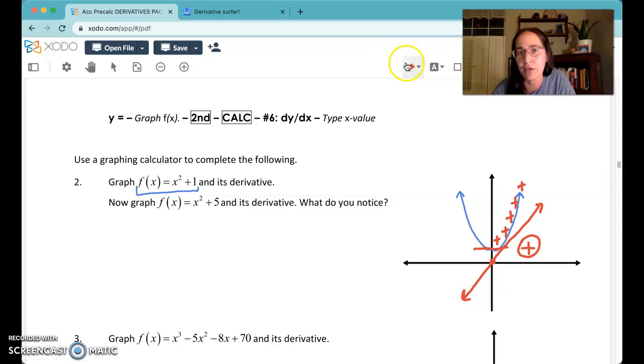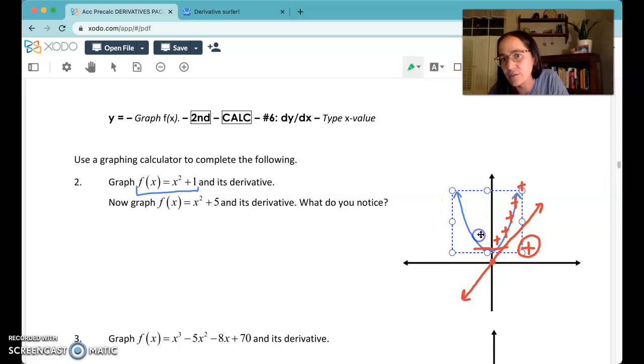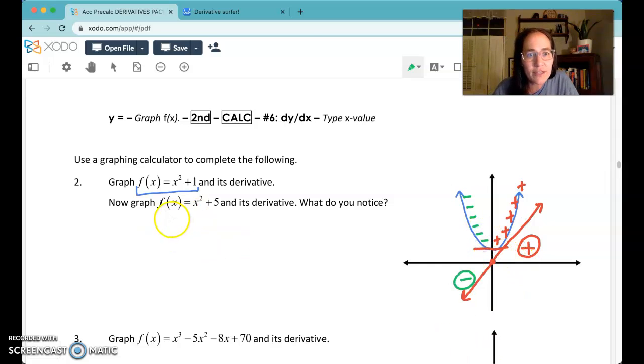This will be a big thing we come back to. And look, the derivative is negative, below the x-axis, wherever this original graph is falling. So I'll put some negative signs here. Interesting. I want to do a little bit more. This says, now can you graph another very similar looking function, y equals x squared plus 5, and its derivative?